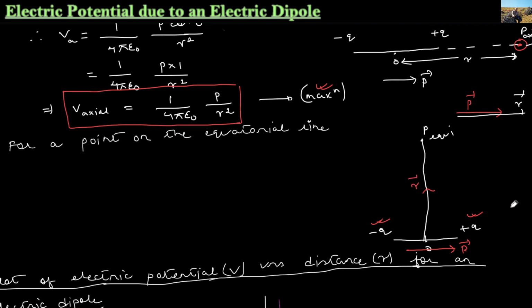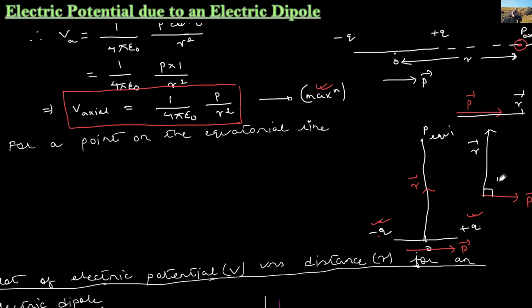It is obvious from this figure that the P vector is from minus Q to plus Q, and the R vector is perpendicular. This is our R vector.